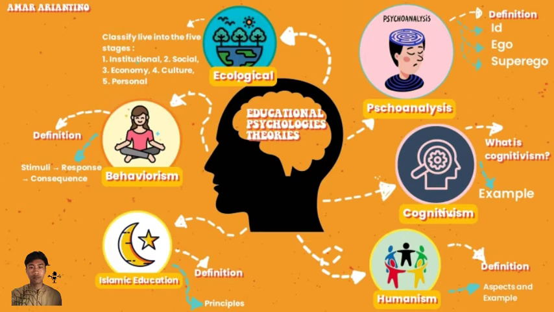The aspect that is emphasized in this learning is emotional aspect, which is then seen as something that provides benefits in learning and education. The example of the application of this learning theory is the teacher gives a reward to the student who has done something or achieved something that makes school proud.